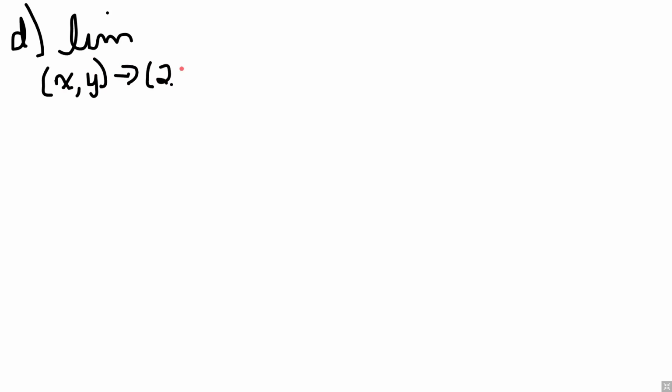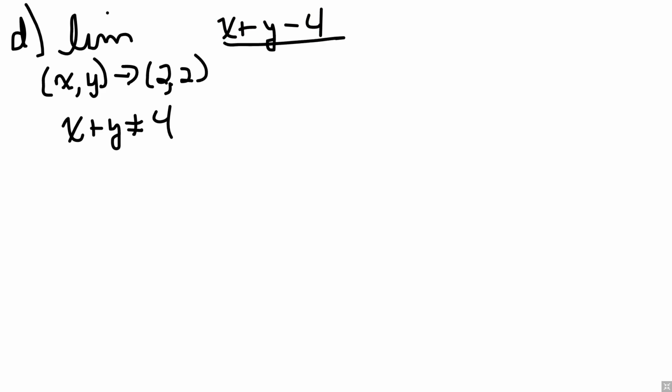Okay. All right, next example. We're looking at the limit as (x, y) approaches (2, 2), and we know that x plus y cannot equal 4, of x plus y minus 4 over the square root of x plus y minus 2.